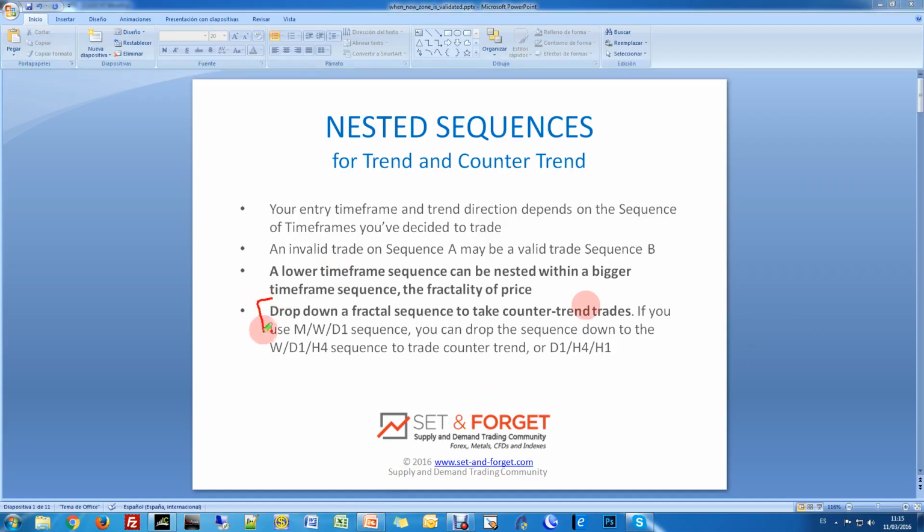We can drop from monthly, weekly, daily down to this sequence, or even this sequence if you are trading these as the default one.